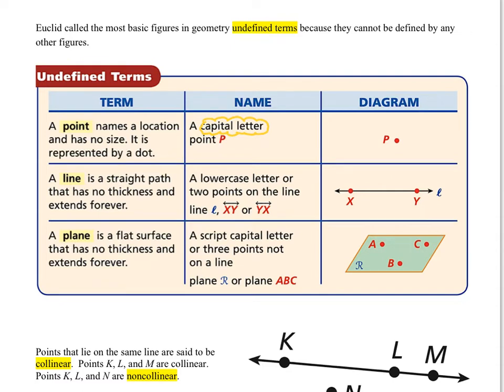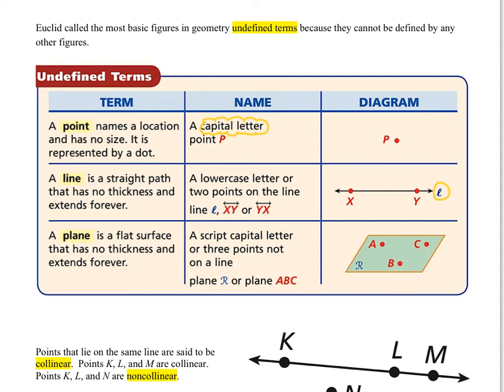A line is a straight path that goes forever and ever and ever in both directions. It has no thickness, so it has no width dimension, and it really has no length because it goes on forever. The way that we indicate a line is by naming it with a lowercase letter such as L, or we can also name it by any 2 points on the line. So notice the notation.